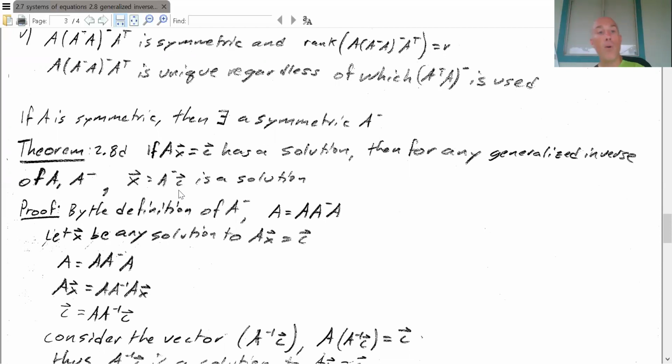Okay, how do we prove this? By the definition of generalized inverse, A is equal to A generalized inverse A. So then I'm going to say that X is any solution. This has a solution by hypothesis. I'm going to grab one. It may be one, maybe infinitely many, I don't know.